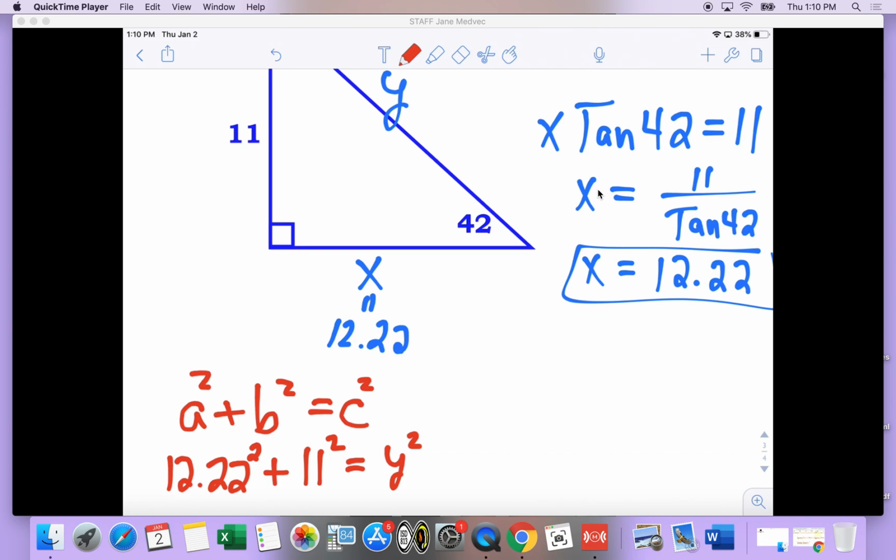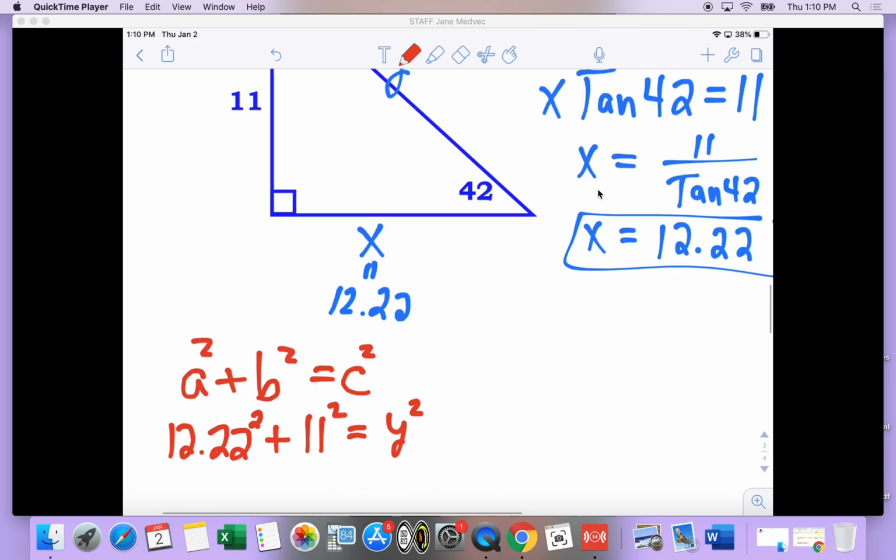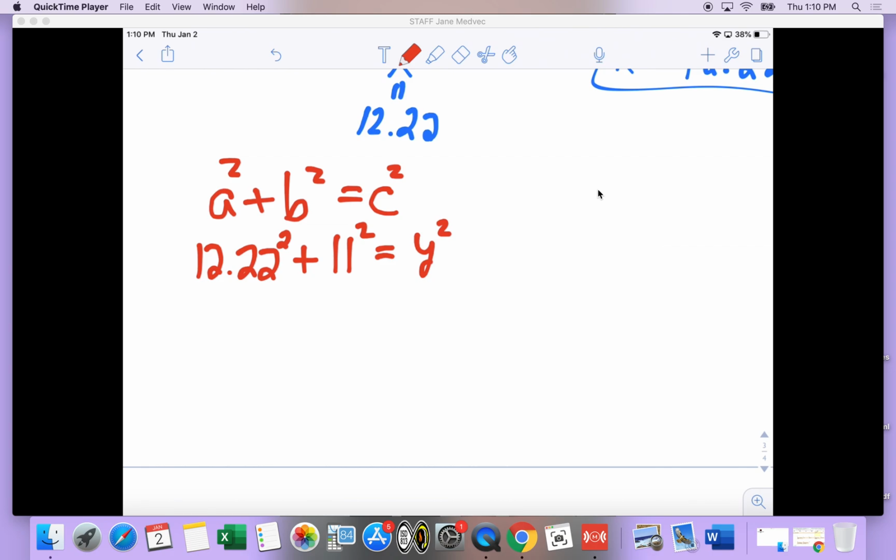So make sure you take the c out, you put in the y, because that's what's in my picture. Okay, so I'm going to leave that 12.22 large in my calculator, and I'm going to square it, and I end up with 149.25, something like that. I can write it shorter on my paper, but keep it large in your calculator, okay?